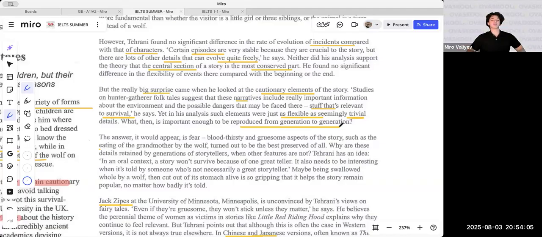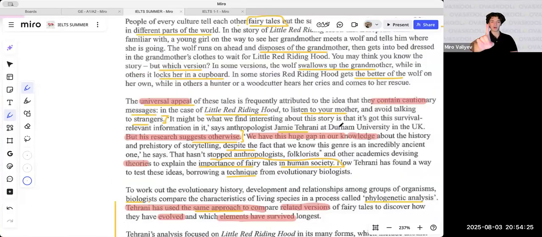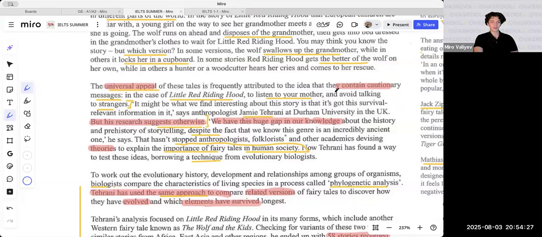So his main question is, if the central part, like the middle of a story with a lot of action, is not important because it can easily change, so it can easily alter, then what about the cautionary message? By the way, take a look. You see, the universal appeal said the cautionary message is the reason for the survival of the stories.